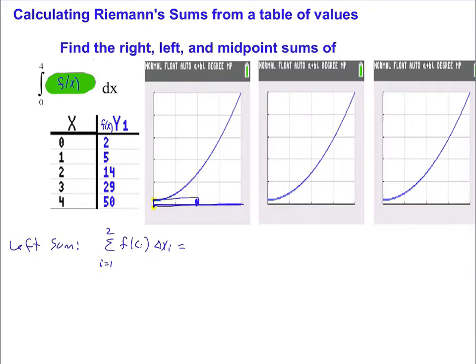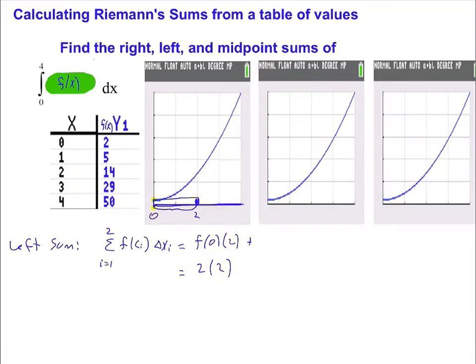So that first product would be the y value when x is 0, because 0 is all the way on the left, times the x distance, which in this case is 2. And I can plug in f of 0. I can use the number that they gave me for f of 0 and say that the area of that rectangle, or the product of y times x distance, is 2 times 2.